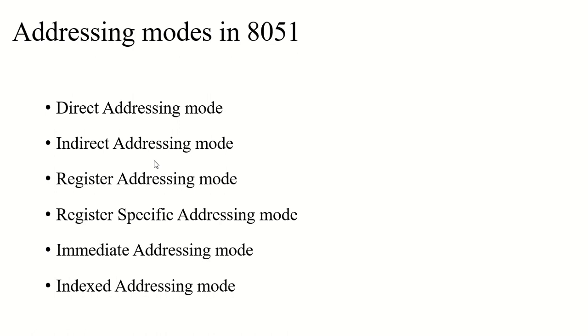For now, let's see the register addressing mode. In register addressing mode, what do you think would take place? Understand this: each register bank consists of registers R0 to R7. To access these registers, there are specific instructions.